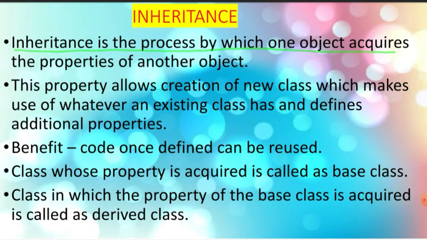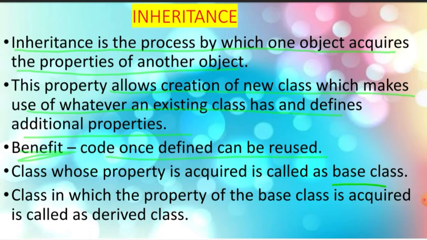Now let's go with inheritance. Inheritance is a process by which one object acquires the properties of another object. This property allows creation of a new class which makes use of whatever an existing class has and defines additional properties with it. One of the benefits of inheritance is that if you write code once, it can be reused.